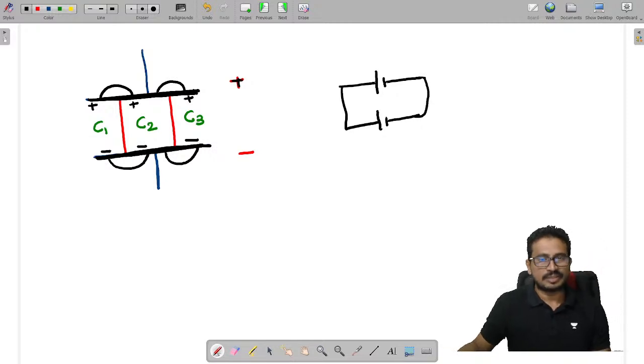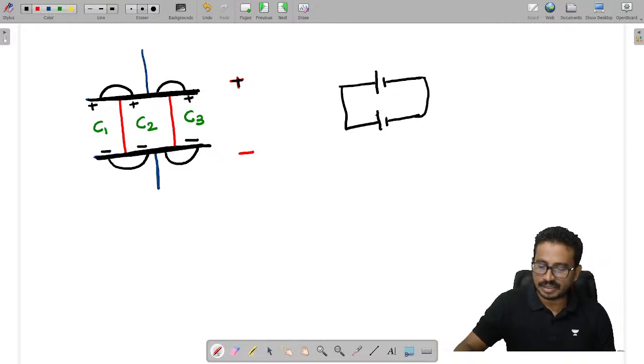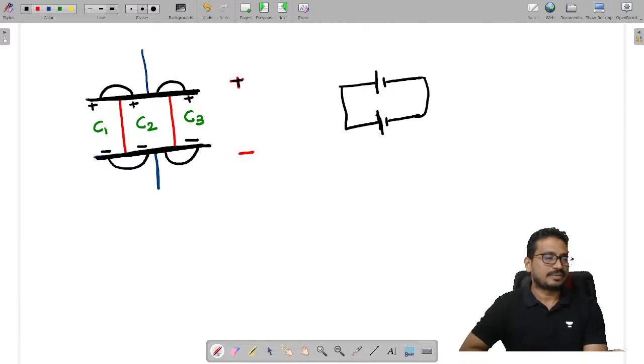This is what happened, isn't it? So I should call this type of connection a parallel connection, isn't it? If all positives are connected and all negatives are connected, then we can call that a parallel connection. Is it fine, all of you?